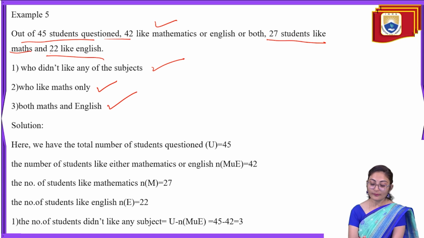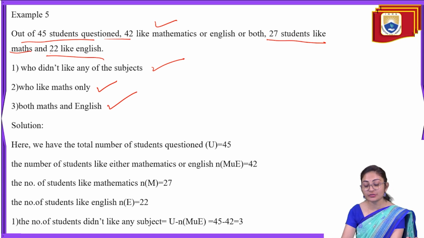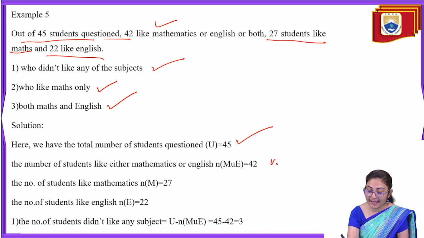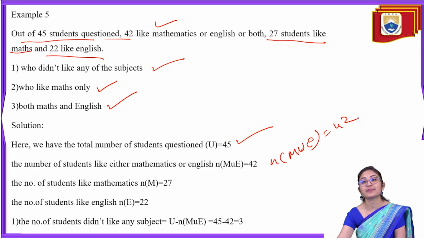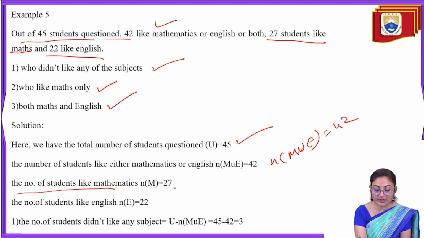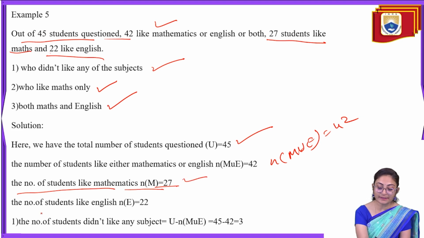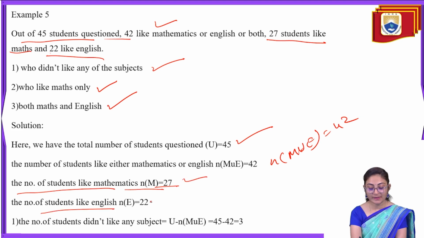Now, total number of students in the question, that is 45. Total number of students who like either mathematics or the English, that is N of M union E, that is 42. Then total number of students who like mathematics, that is 27, and the number of students who like English, that is N of E, it's 22.